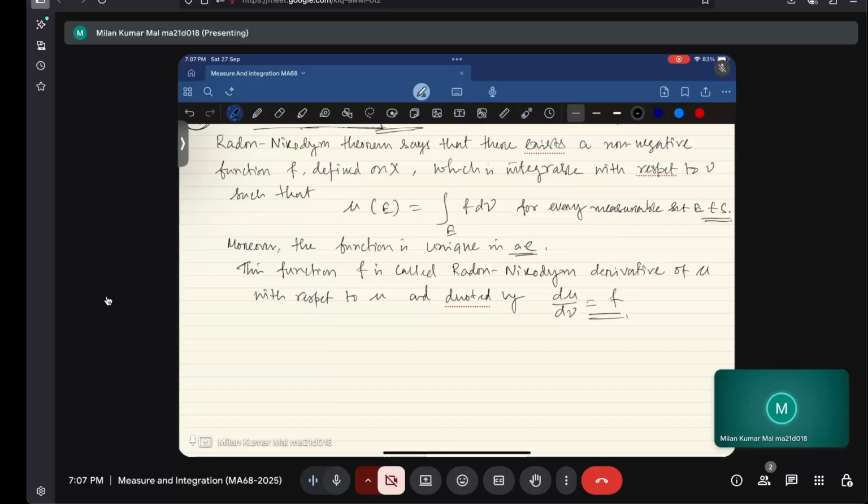Okay, this function f is denoted by d mu by d nu. So this is the Radon-Nikodym derivative, and this is what is meant by this derivative.